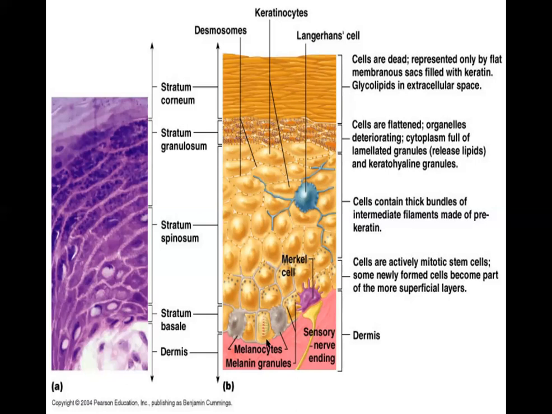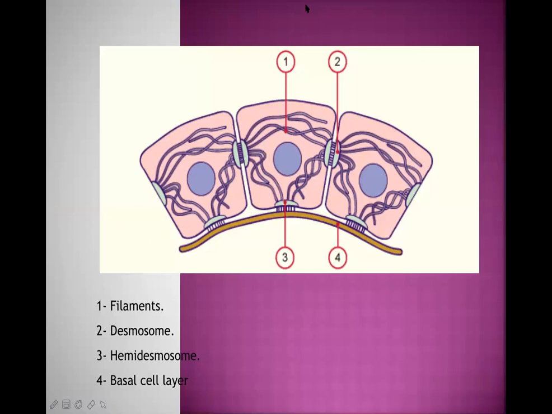I want to give you this important point right in the beginning, so that when I move further, you can understand this topic very well. Now let's talk about what are these desmosome and hemidesmosome. See this, this is a schematic diagram, but it is very informative.